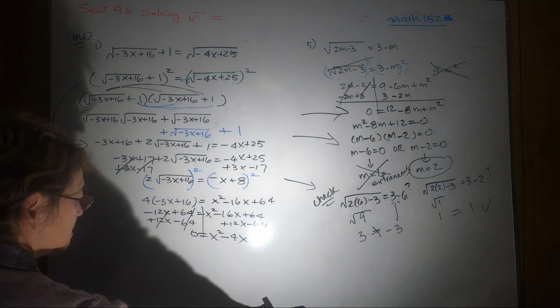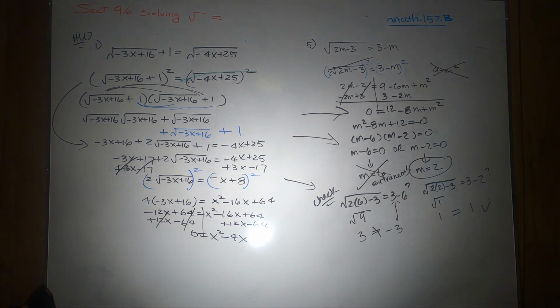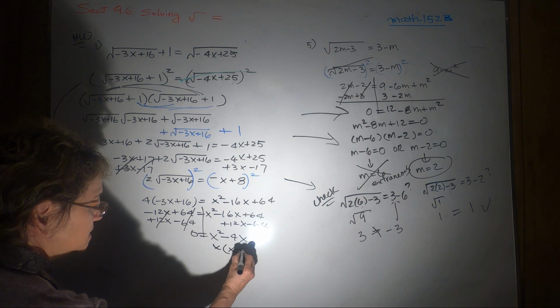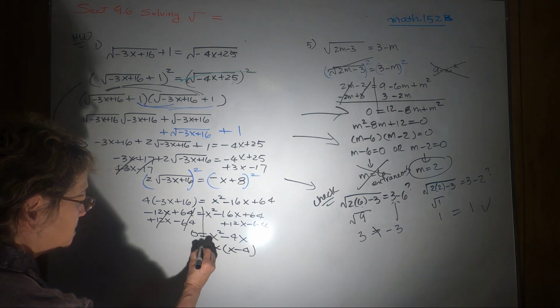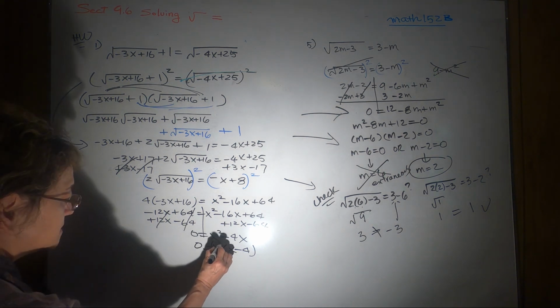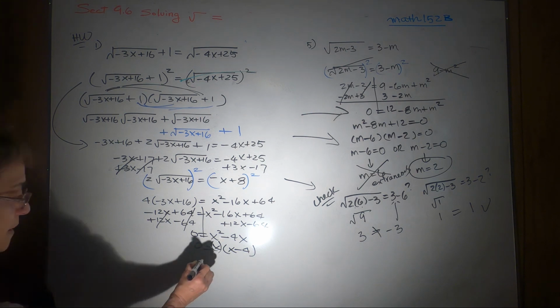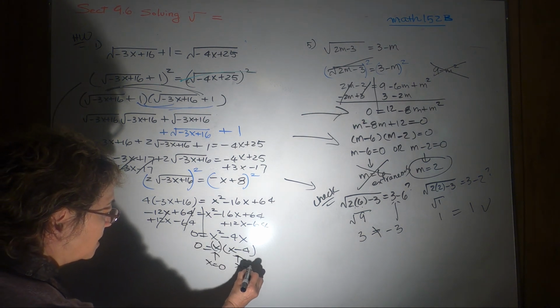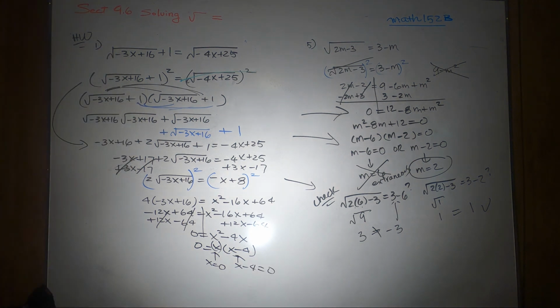Right? Then take out the GCF, x times x minus 4 equals 0. Right? Then what do we have? Two factors. Then by the zero product property, x is 0 or x minus 4 is 0. Right?